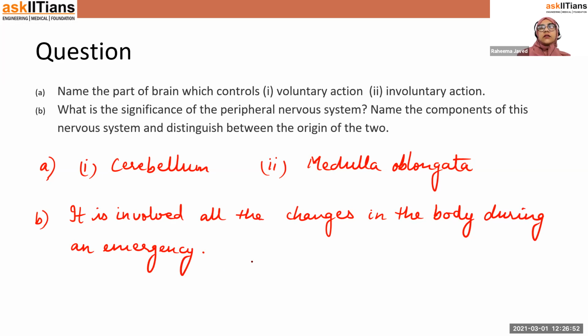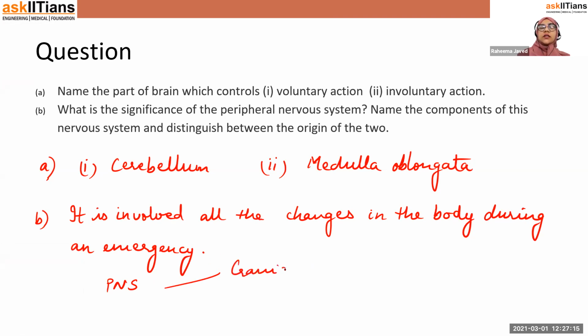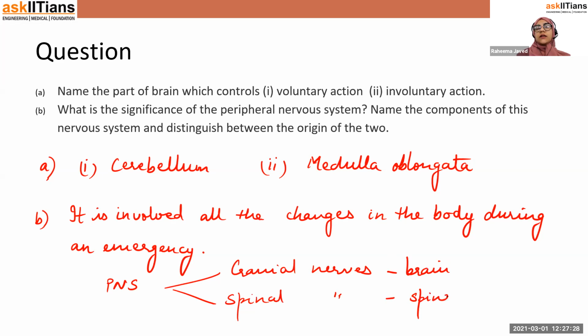And the components of this nervous system are, no, sorry, the cranial nerves and the spinal nerves. And the origin of the cranial nerves and the spinal nerves is: the cranial nerves are arising from the brain. And the spinal nerves are arising from the spinal cord.